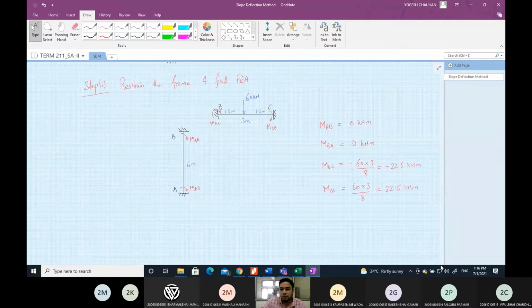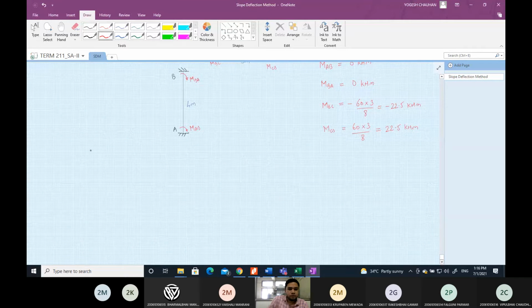Okay, so now next step: formulate slope deflection equation and apply constraints.